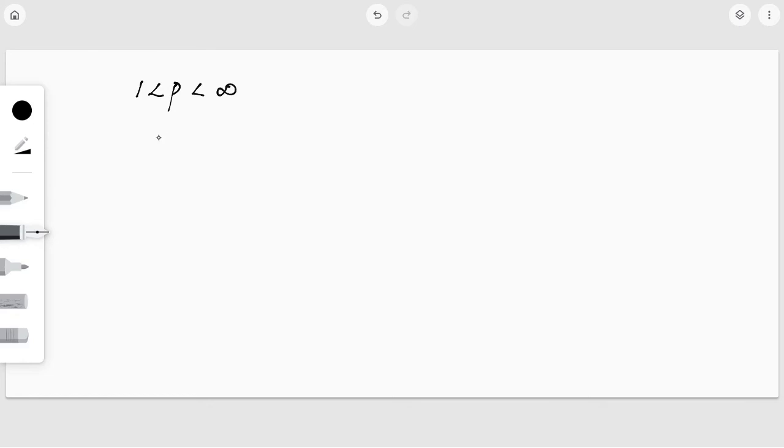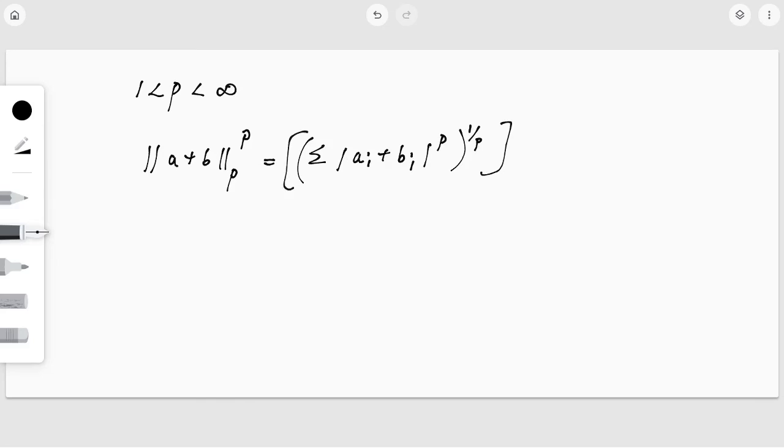So now let us consider norm P of A plus B whole raised to P. This can be written as (summation mod Ai plus Bi whole raised to P) whole raised to 1 by P, and we are taking norm P whole raised to P, so this is whole raised to P. What is this?